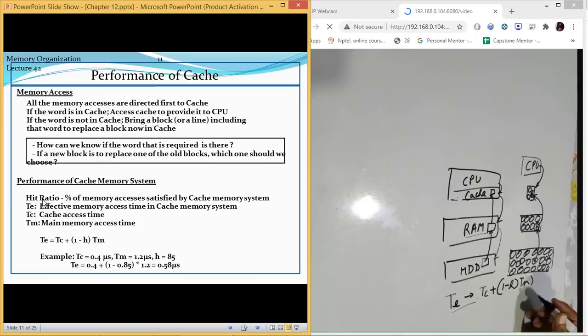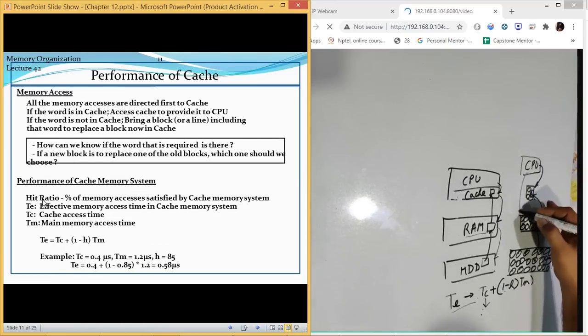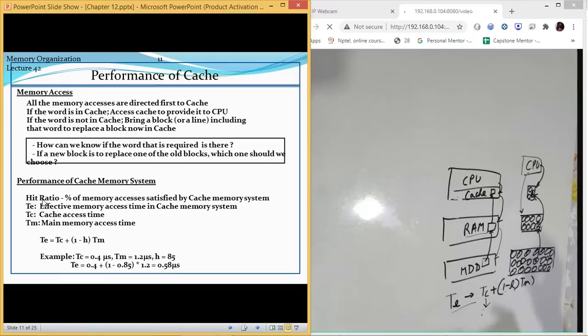Now what does it mean? Tc is the time which your system is taking to access the cache. 1 minus H: when your CPU is going to move to RAM, when it is not able to find the data inside the cache, that is what they are writing at this place.